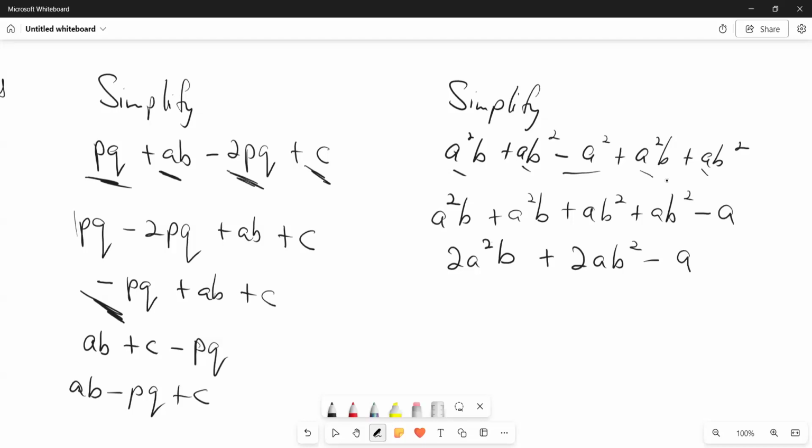Now, this can be simplified even further, but because you are not there yet, we will consider this as the simplest form, right? You are not there where we can simplify it even further. We're going to get there eventually.